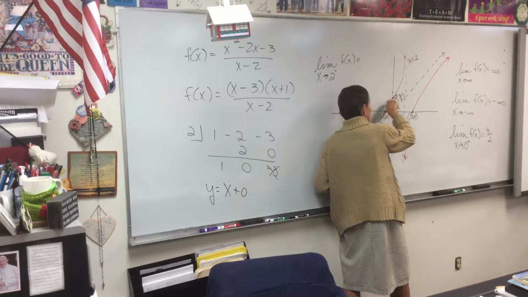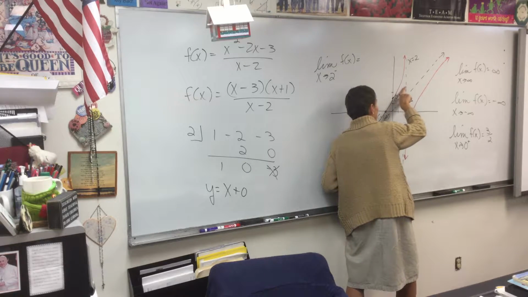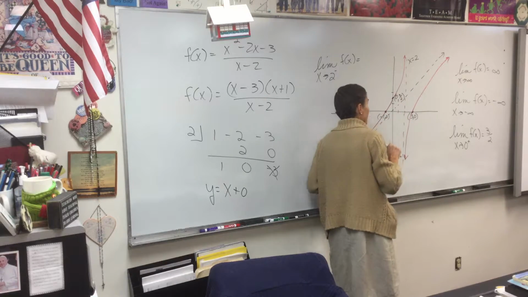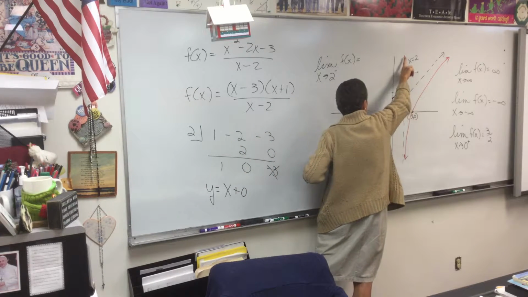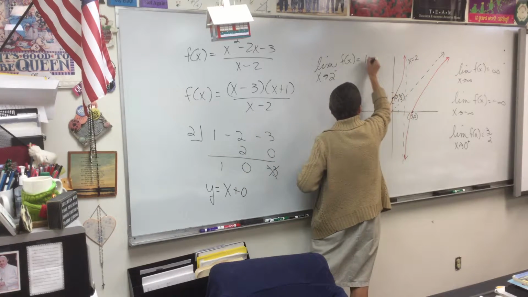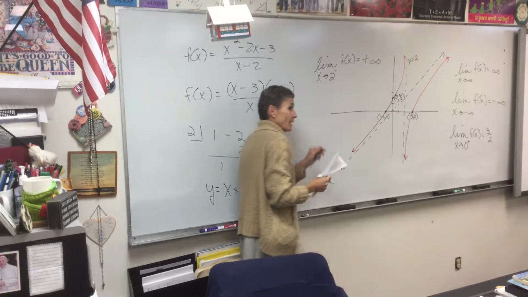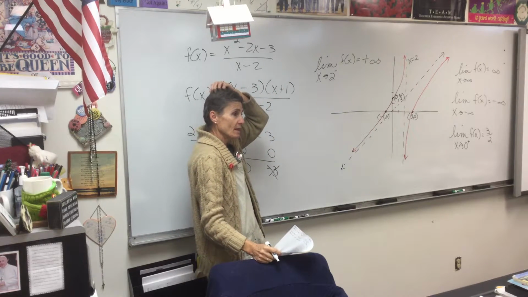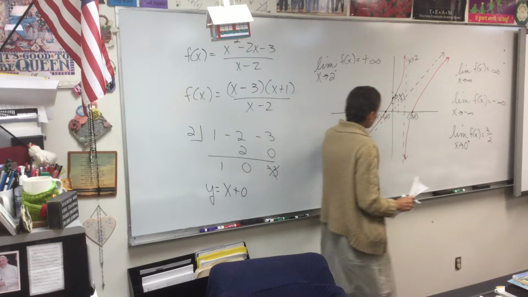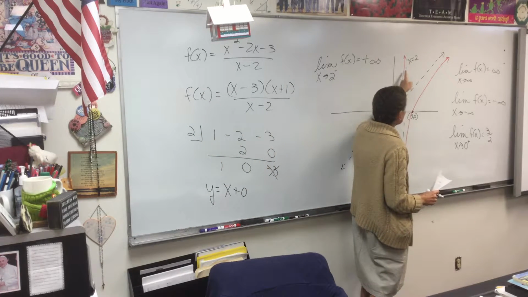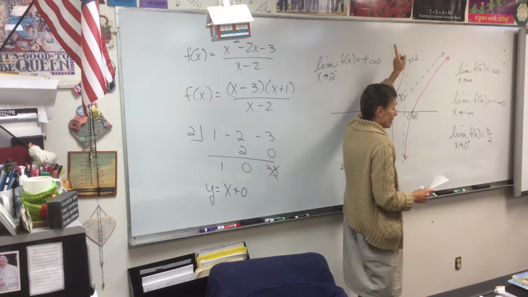As your red curve gets closer to that asymptote, which is at 2, what is happening to the y values? What are they doing? Going up, positive infinity. On the left side of that asymptote, as you get closer and closer, your pencil goes higher and higher and higher up.